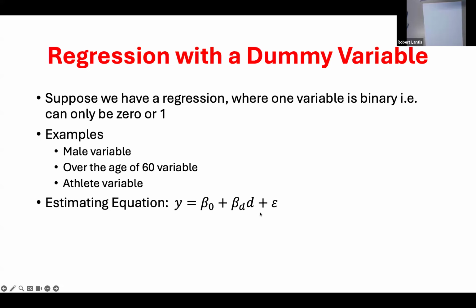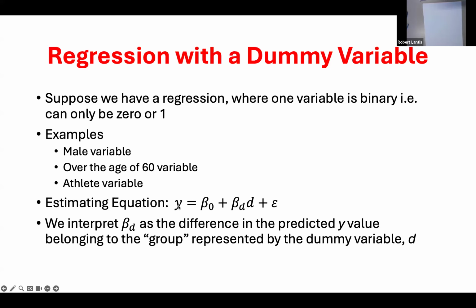I'm just going to use slightly different notation, which is that our X variable is now this dummy variable, right? So our slope coefficient, we're going to interpret a little bit differently, and it's going to have slightly different implications when we're thinking about what the predicted Y values are. In general, the interpretation of our slope coefficient was the predicted increase or decrease in Y from a 1 unit change in that X or independent variable.